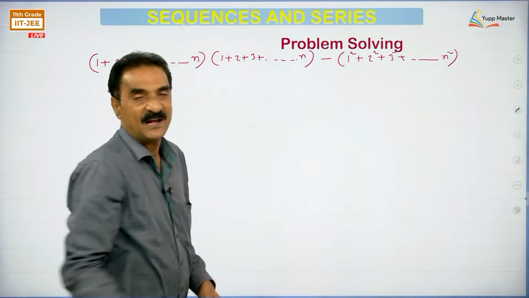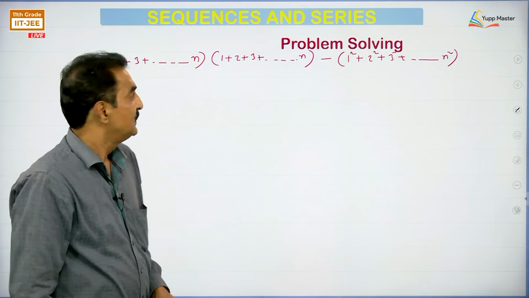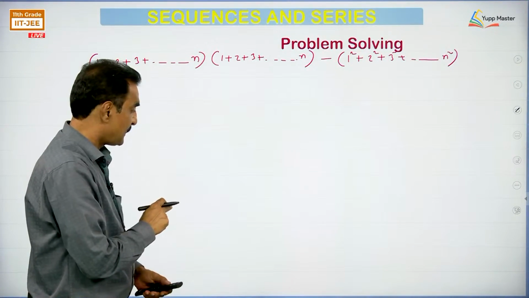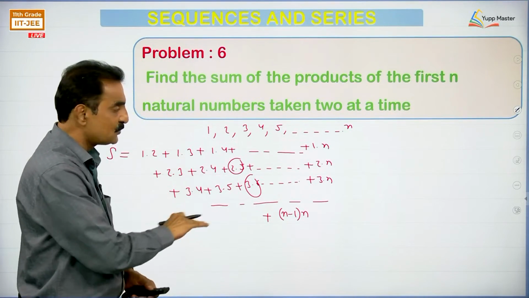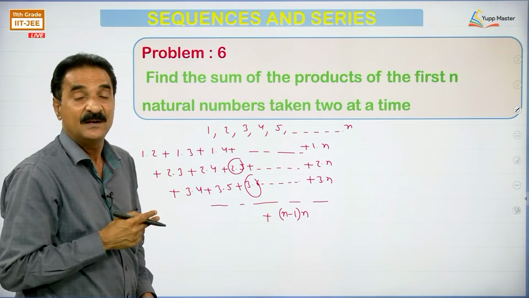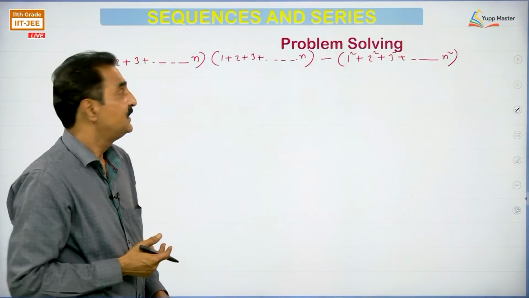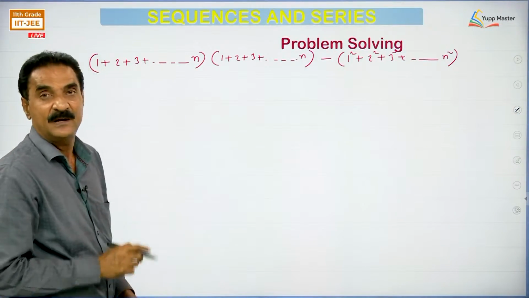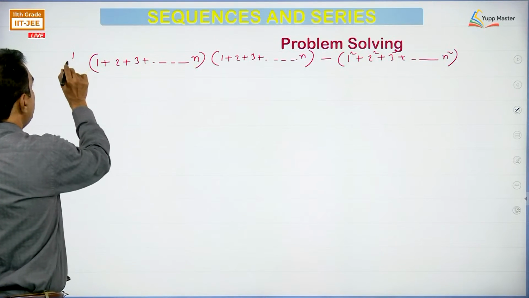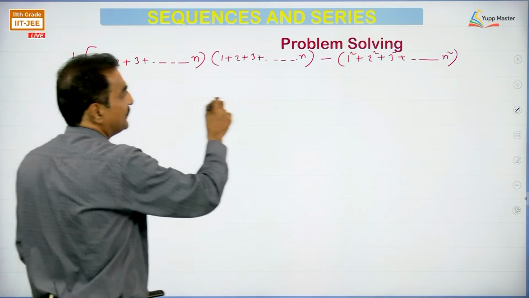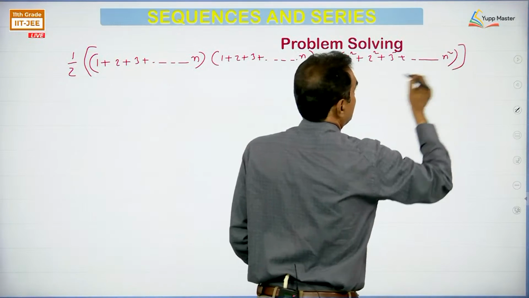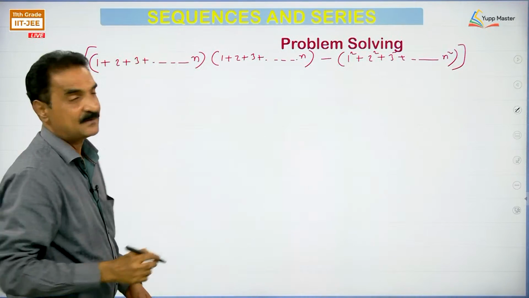In all remaining terms, every term of these rows will be present twice. So, how to get this sum? We have to divide this by 2. Dividing by 2 means what? Multiplying by half. Alright. So, what will our answer be?